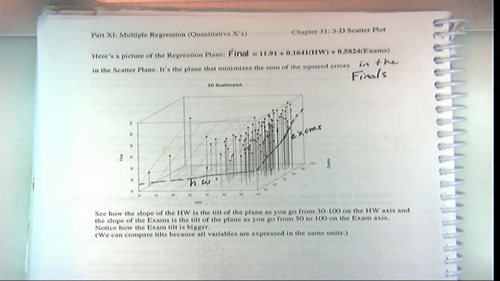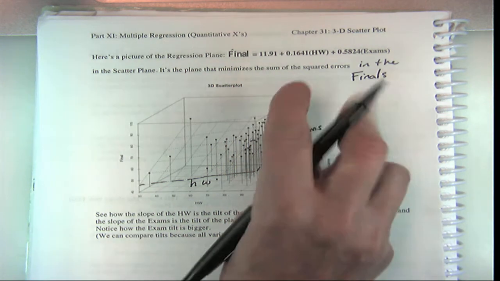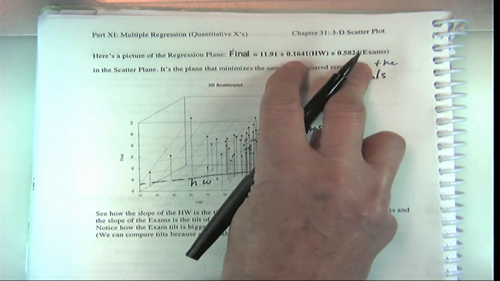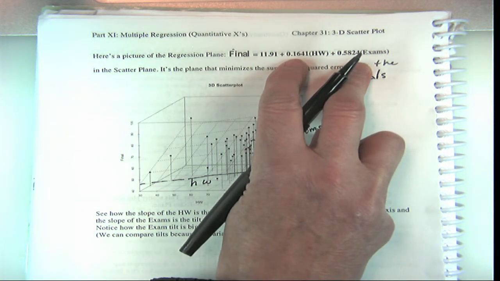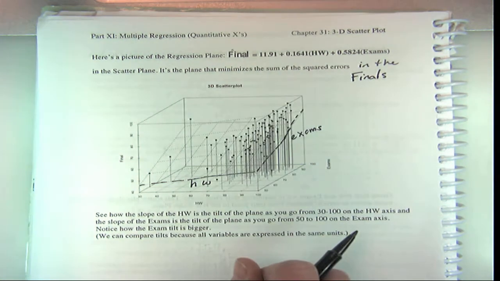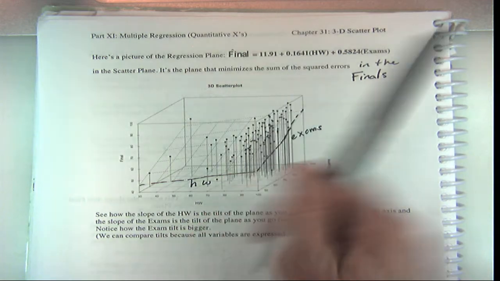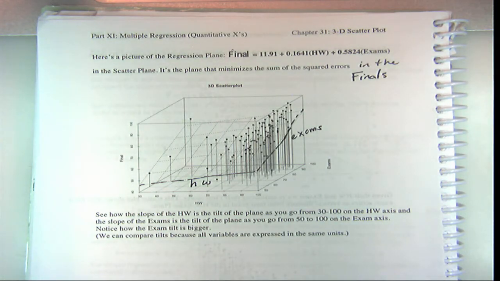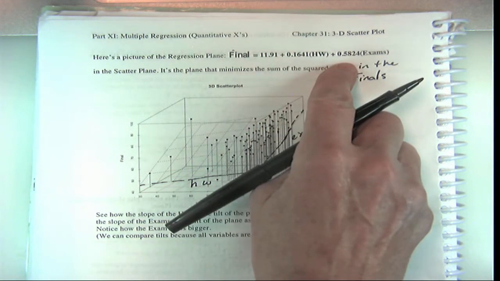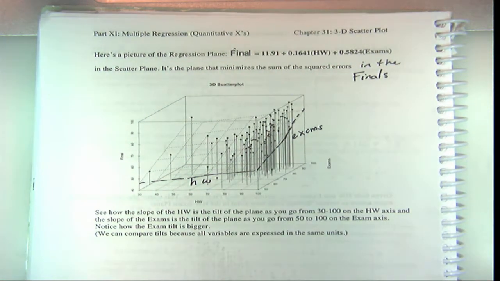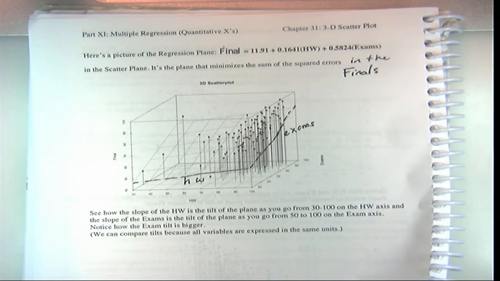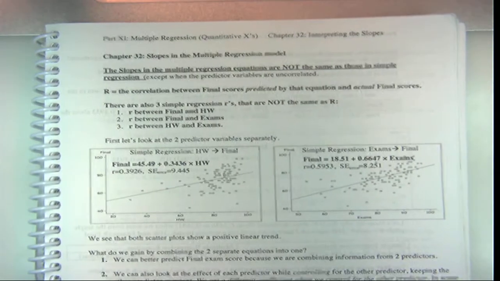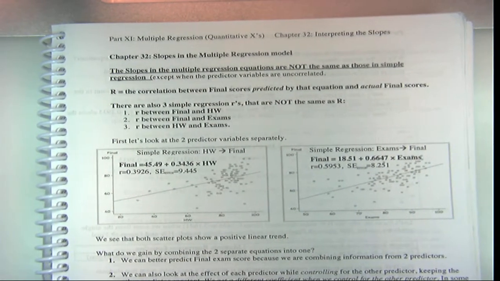So now we're going to look at where these slopes come from, because they're not the same as the slopes in the simple regression, as the slope for homework alone predicting final and exams alone predicting final. So we're going to look at how we arrive at these slopes in the multiple regression equation. That's what we'll do next. So, slopes in the multiple regression model.